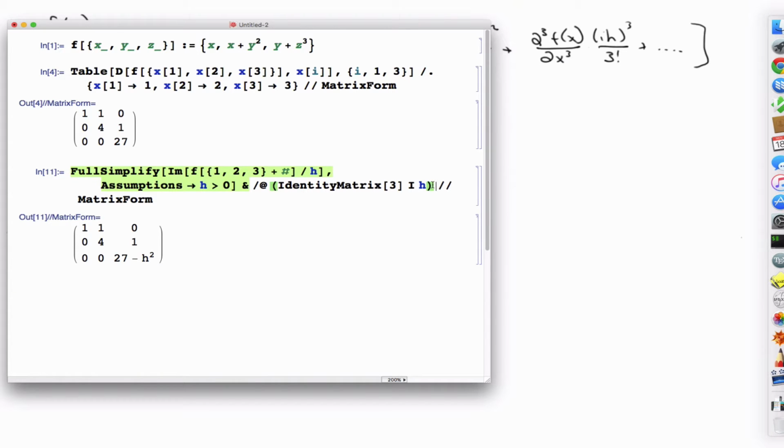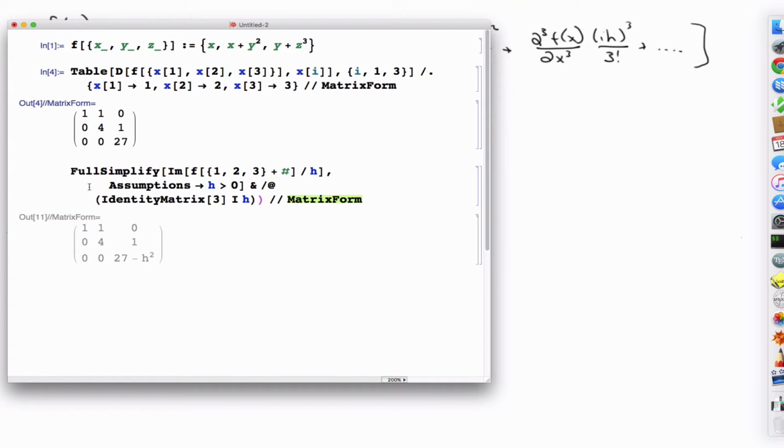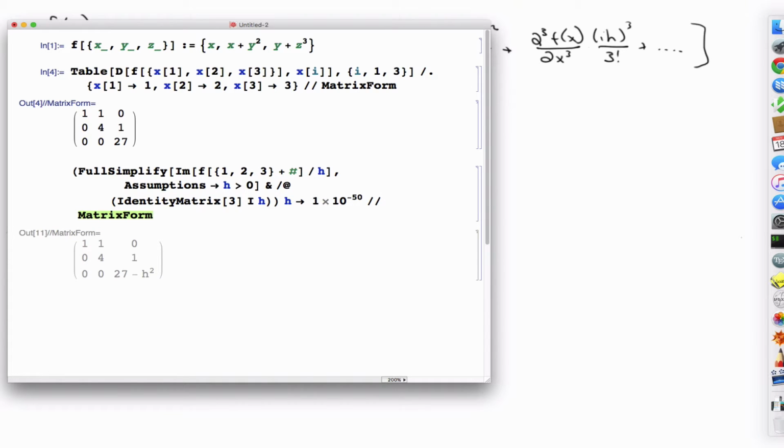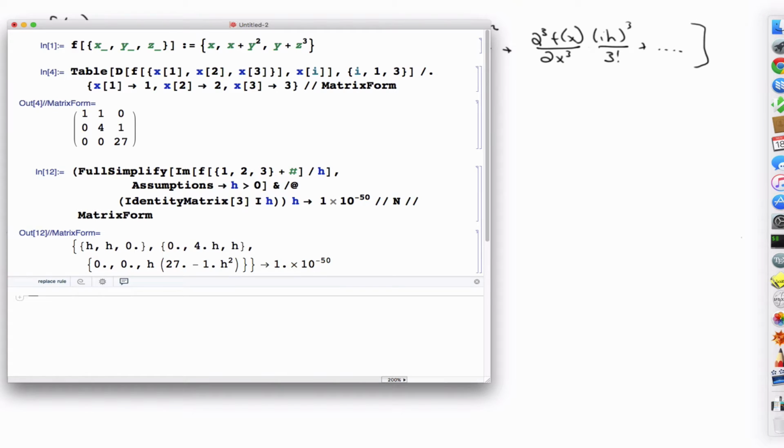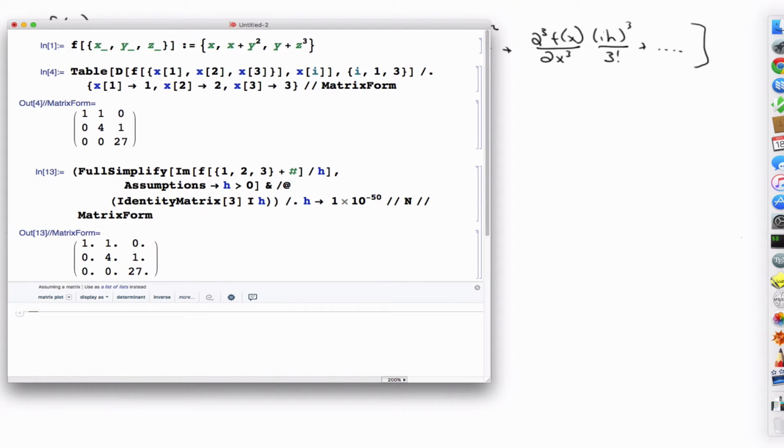I can substitute in h as 1 times 10 to the minus 50, and I get the same answer. The one on top is analytic, so it's exact. And using my complex step method for the numerical derivative, I get something that's very, very close.